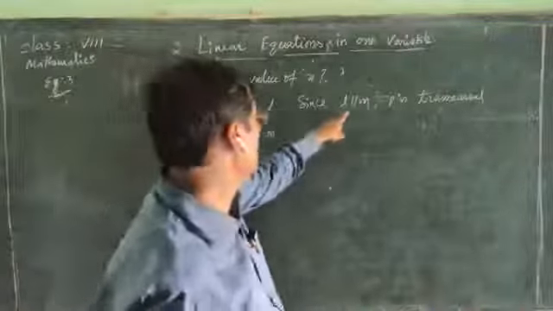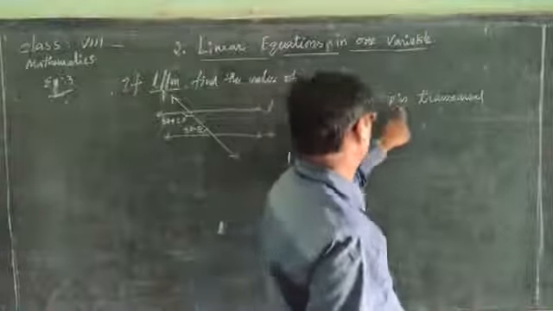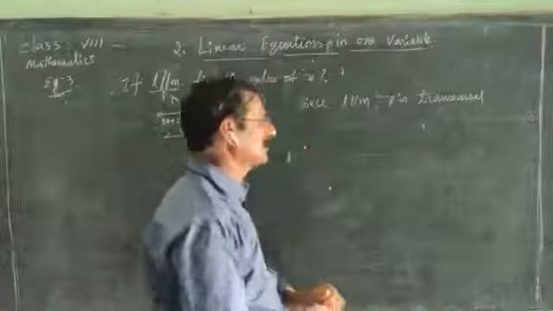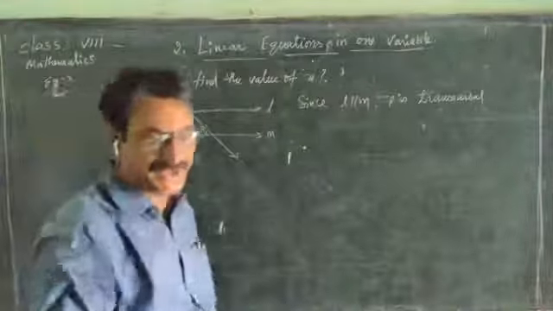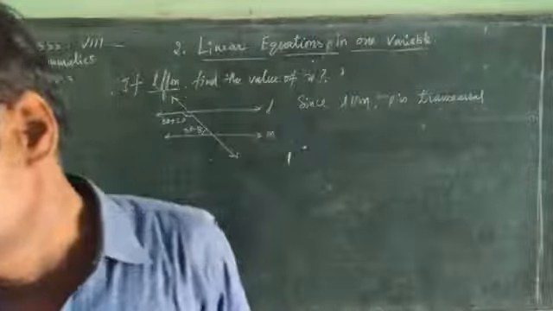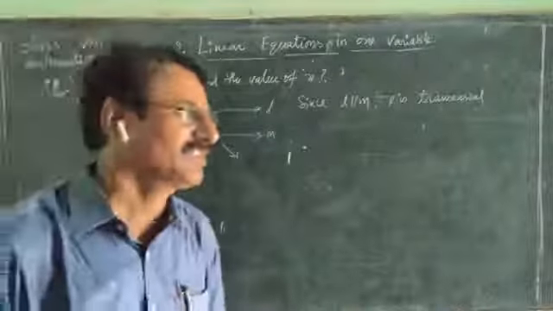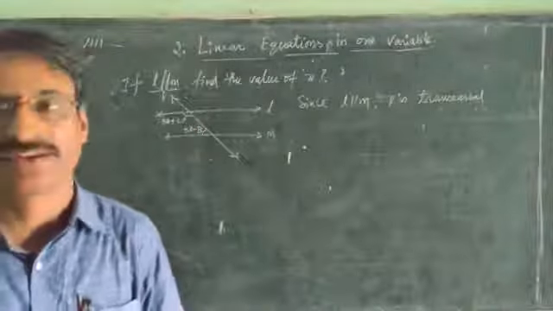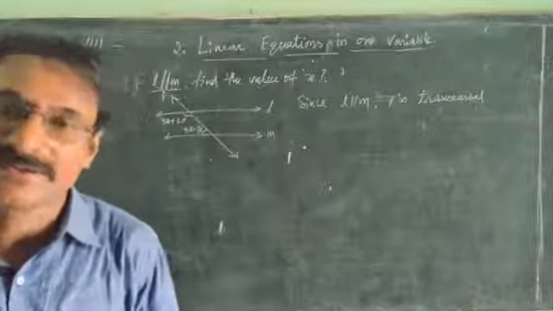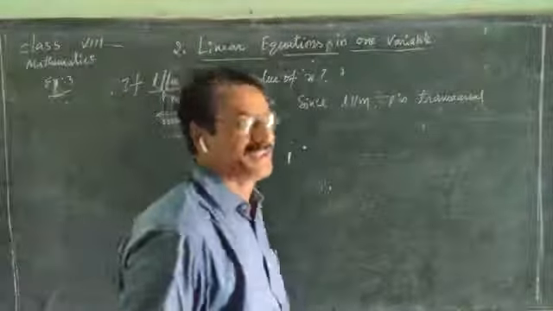Since L is parallel to M and P is a transversal, the co-interior angles are supplementary. You correct this. Co-interior angles are supplementary. Supplementary means 180 degrees.